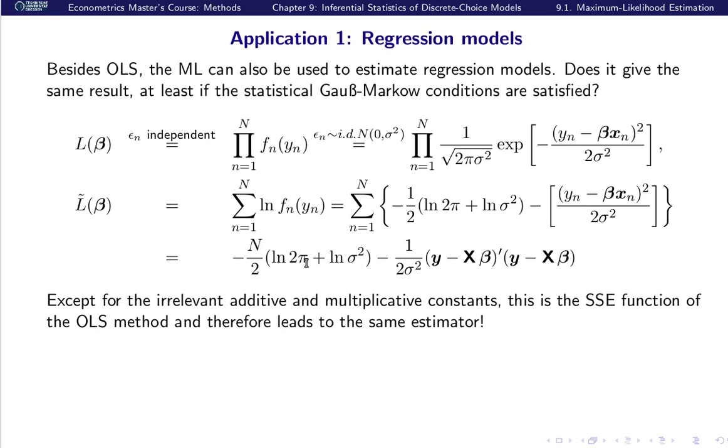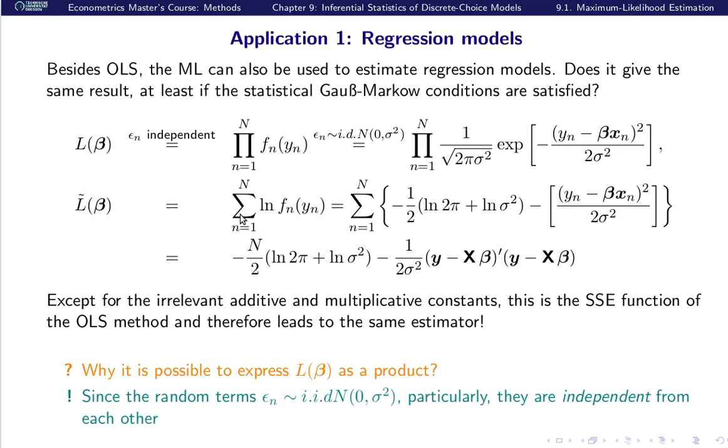That means we have equivalence between the sum of squared errors, the least squared errors calibration, and the maximum likelihood calibration, if the random terms are IID normally distributed. We had already written it as a product just because they are independent. It's just to make sure that you understand it.